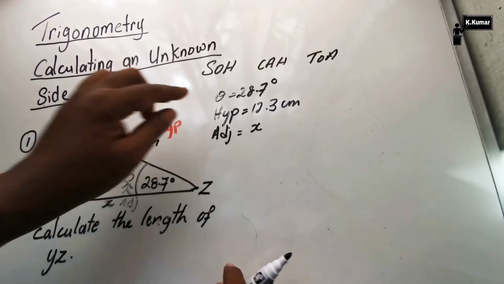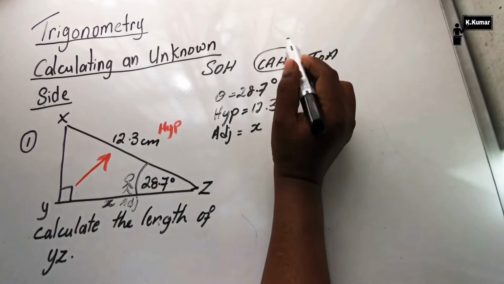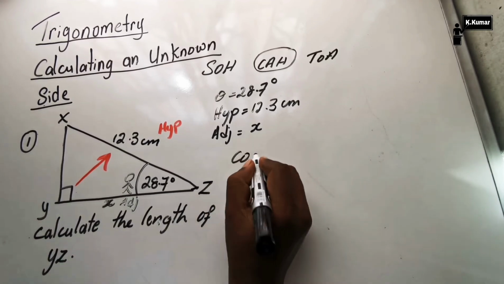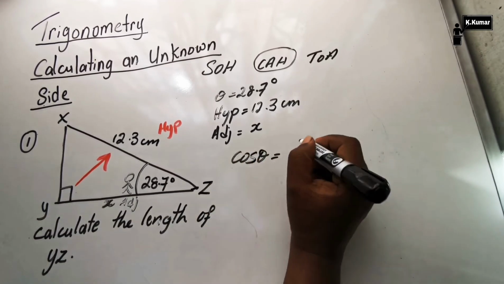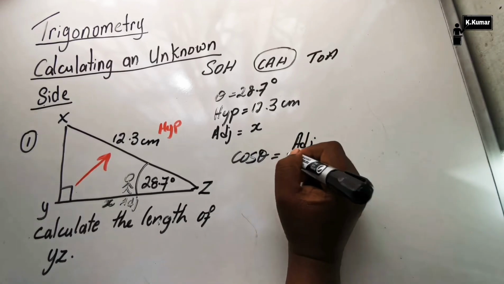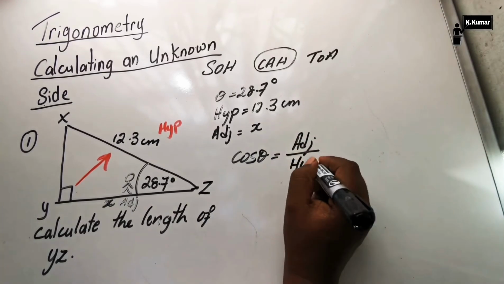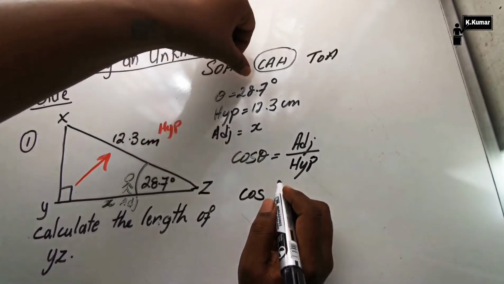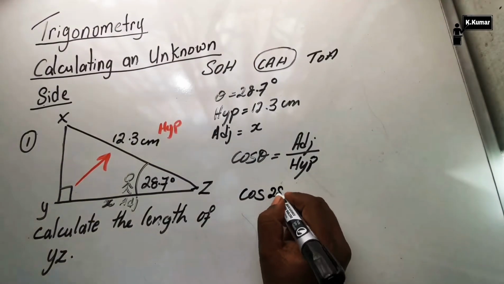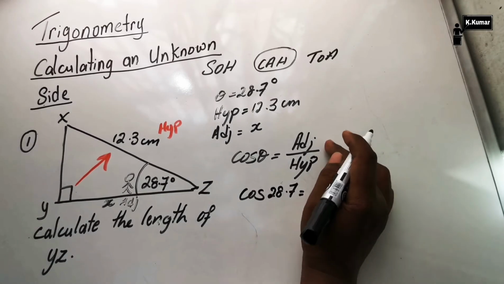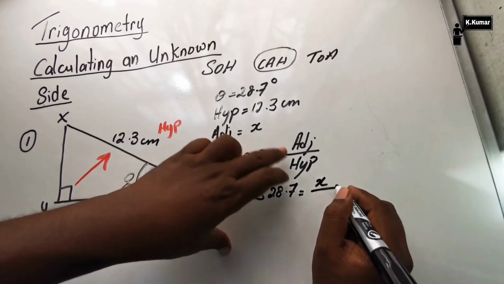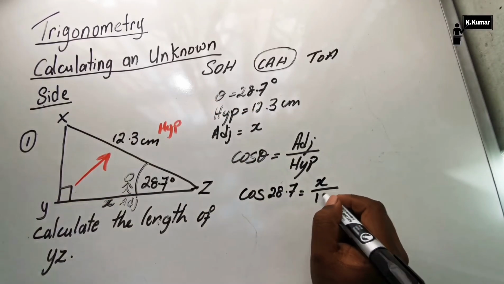It is cosine. So cos theta is equal to adjacent over hypotenuse. Cos 28.7 degrees is equal to the adjacent side, x, over the hypotenuse, 12.3.